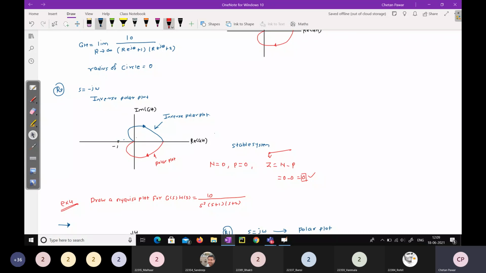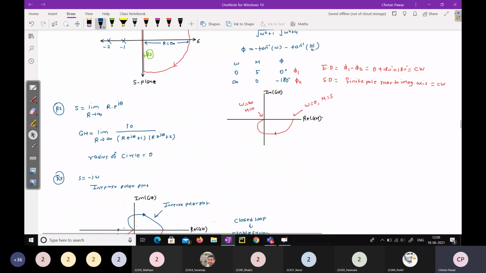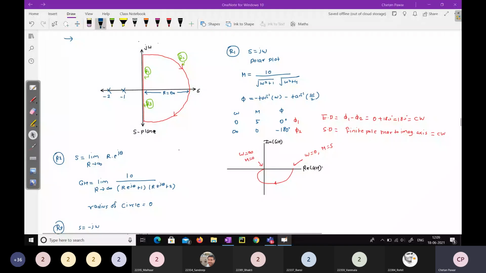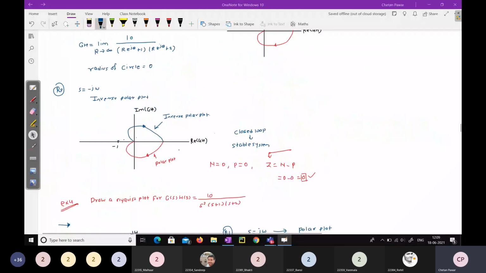So closed loop system will be stable system. Okay. So like this way you can just draw the Nyquist plot. First you will draw the Nyquist contour, then you will do the mapping for different regions, and then you will get a Nyquist plot. And by using that, you will determine the closed loop system stability.